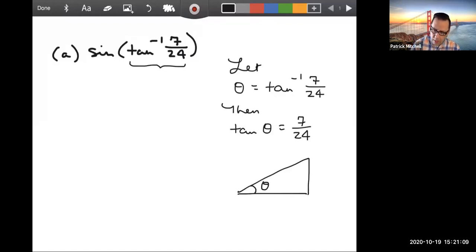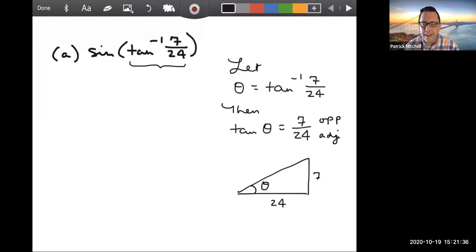The tangent of theta is opposite over adjacent, so in my triangle, let's make the opposite side 7 and the adjacent side 24. I actually did a pretty decent job of making my triangle in proportion, but that was just luck.